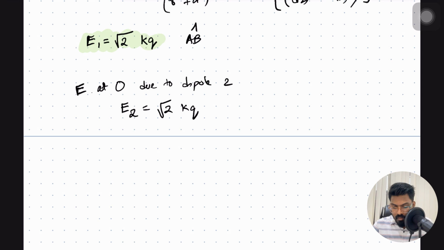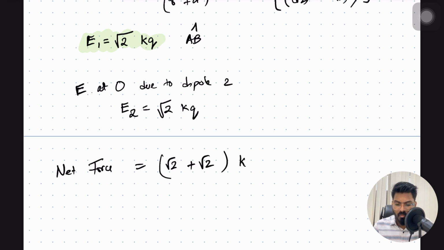So the net field, both the fields are in the same direction, right? Which is root 2 plus root 2. I take KQ outside, equals 2 root 2 KQ.